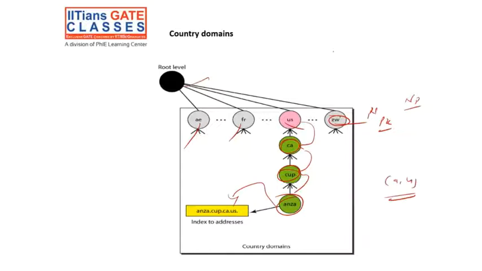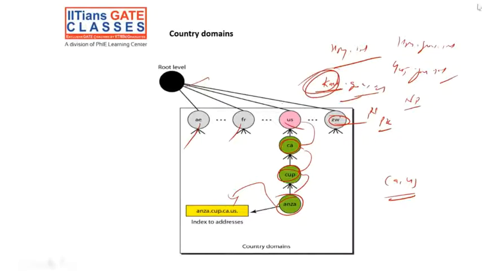Similarly, here we have haryana.in, or hry.gov.in. Similarly for Gujarat, guj.gov.in, like this. Or Karnataka, karnataka.gov.in, like this.